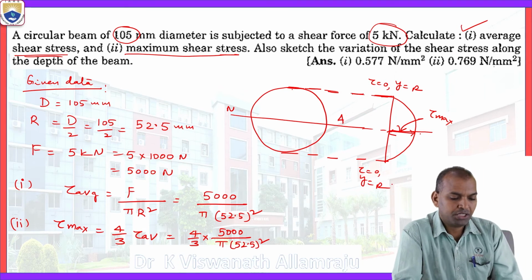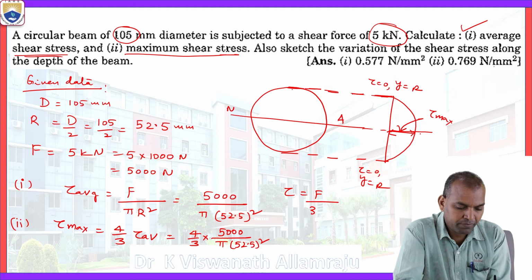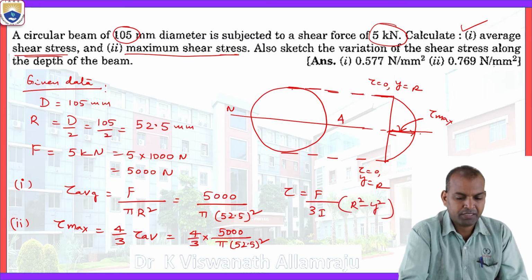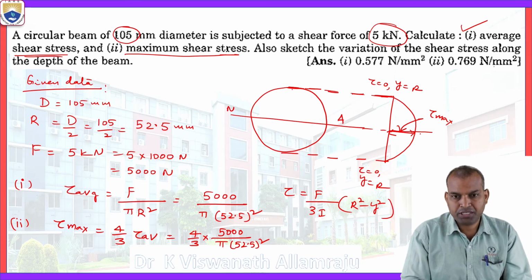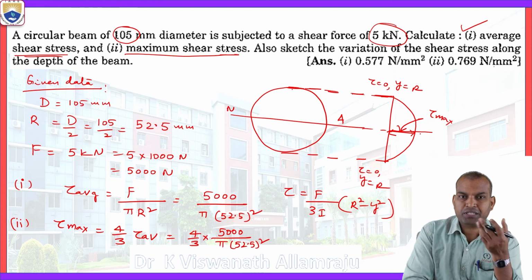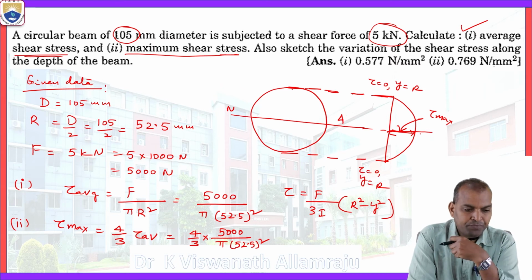We know the shear stress variation formula, tau equals F by 3I times R square minus Y square. Here it is not asked to find the shear stress variation at a particular distance. Only 3 objectives. First objective is average shear stress.